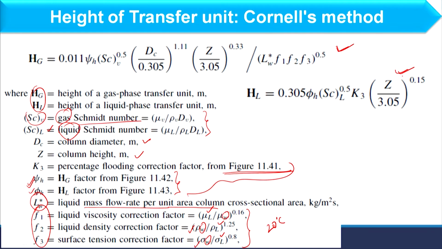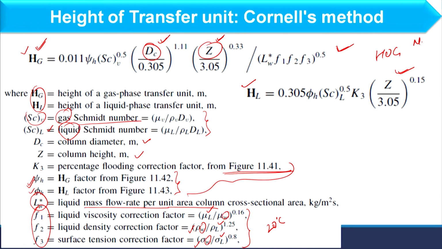But before that, let us focus on the expressions. If I consider the Hg expression, it depends on the diameter as well as the height. This diameter is not known to you and this height is not known to you. Basically, you are calculating Hg and HL to calculate HOG.